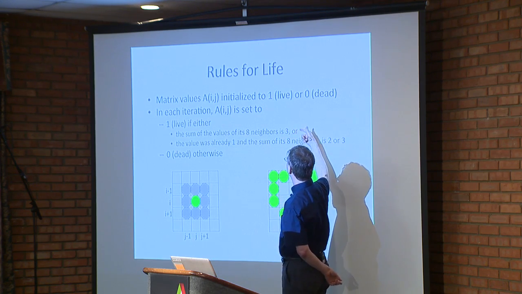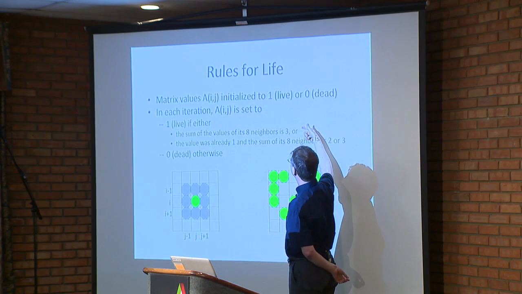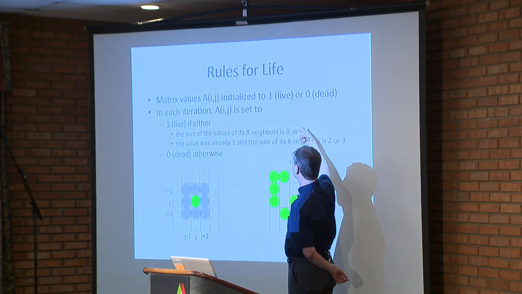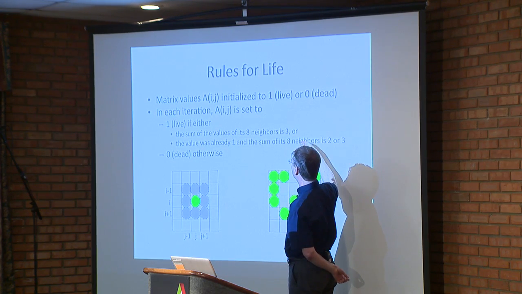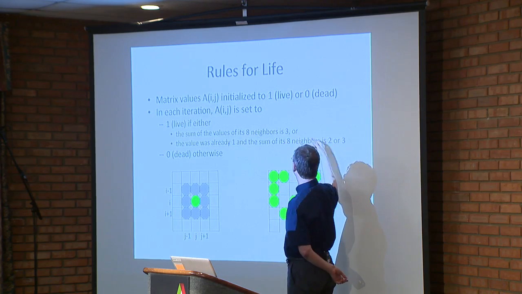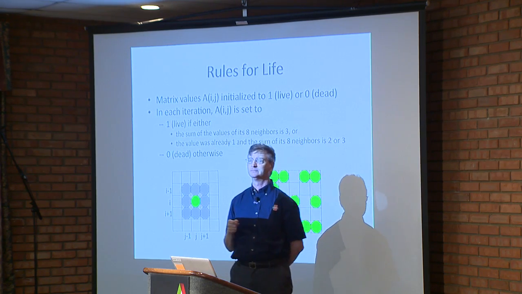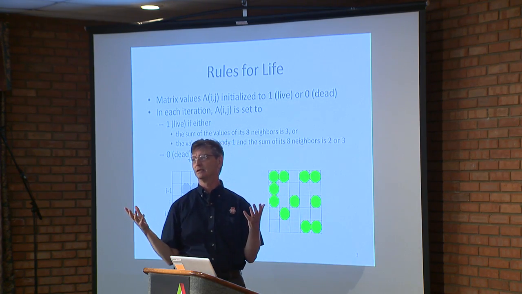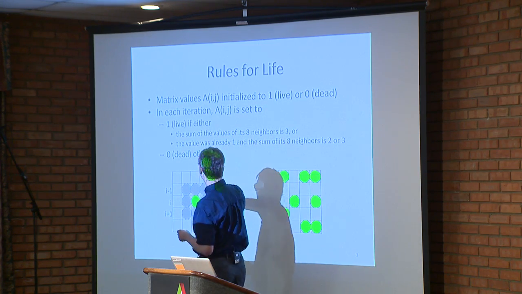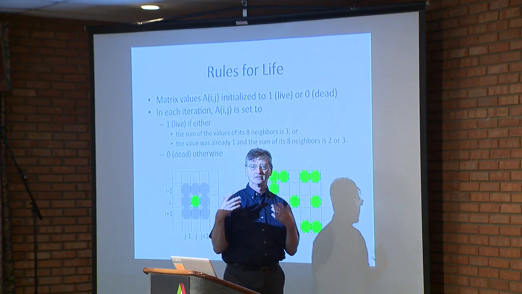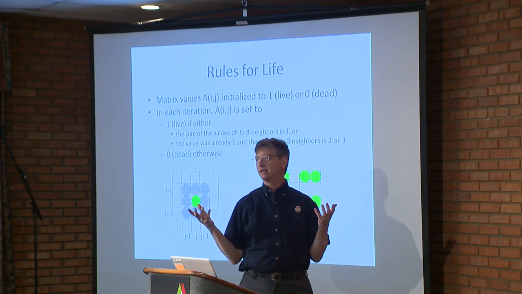So if there are exactly 3 neighbors, the cell is alive. Or if the cell was alive in that iteration and there are 2 neighbors, the cell is alive. So we can get a birth by having an empty cell with 3 neighbors. A cell lives as long as it's not too lonely. If it's overcrowded, it dies.